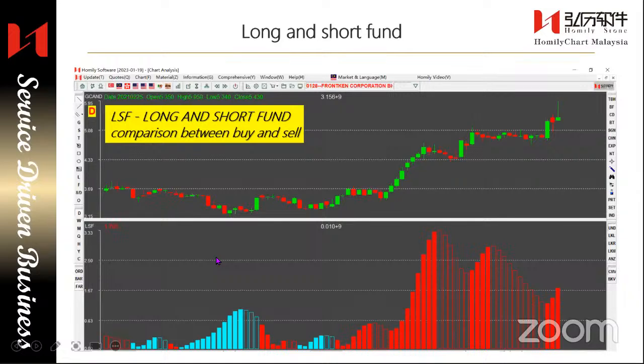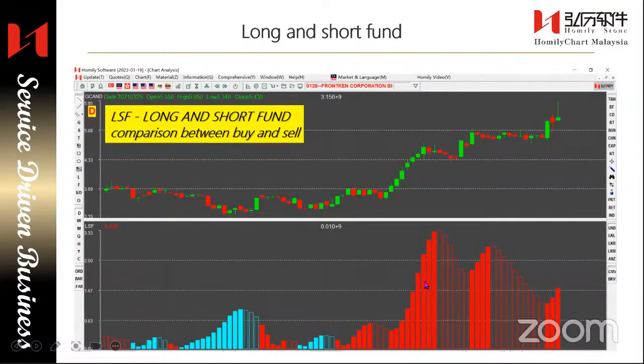In other words, it means the buying funds and the selling funds. If in the current market the buying funds are stronger than the selling funds, it gives you red color. If the selling funds are stronger than the buying funds, it gives you blue color.